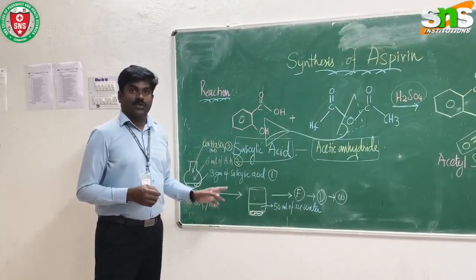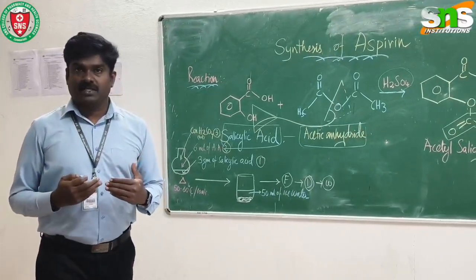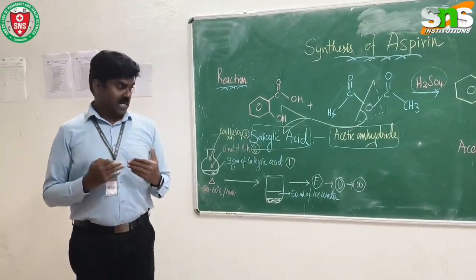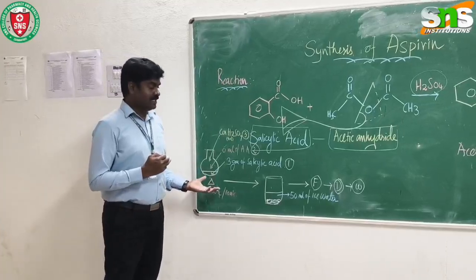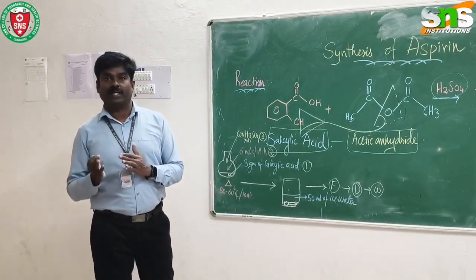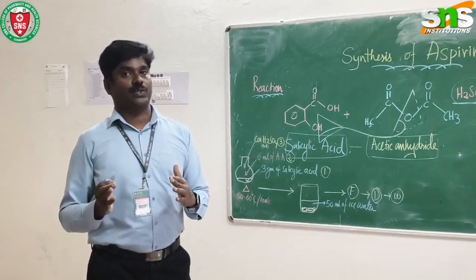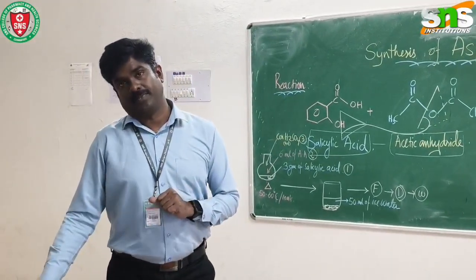After boiling, that is after 15 minutes, we have to transfer the entire content into another 250 ml beaker, which contains 50 ml of ice cold distilled water. You got it?